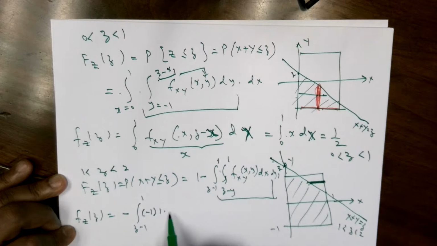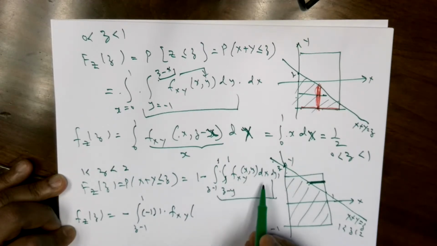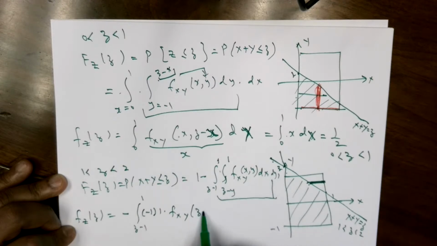Then f_XY, where the variable of integration is x, you replace by z minus y, dy. So minus minus is plus, so I'm going to substitute this as z minus 1 to 1, and this is simply f_XY of z minus y. So that's going to be simply z minus y, dy.